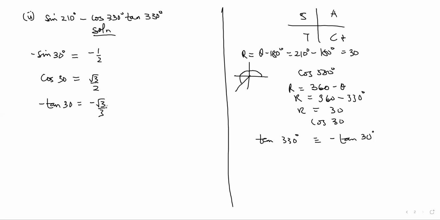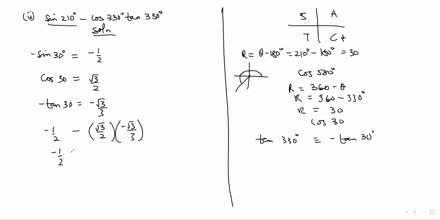So now substituting back, we have sine 210 is minus 1 over 2, minus cos 330 is the same as root 3 over 2 times tan 330, which is minus root 3 over 3. Okay, so we expand. This is minus 1 over 2.